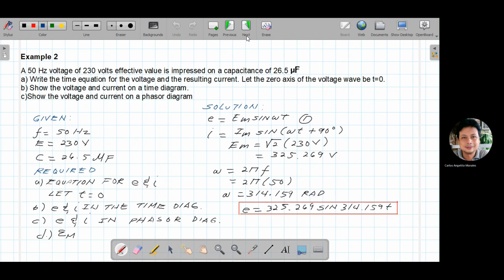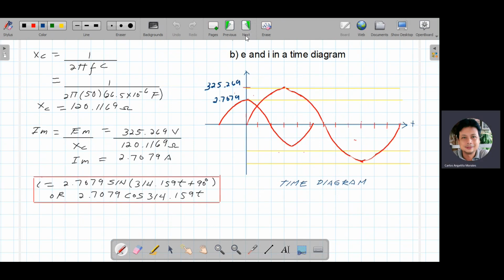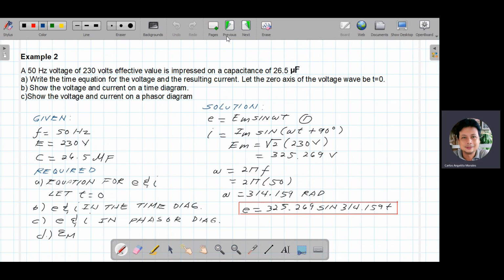Okay, sagot ng number 2 next is ito, no?